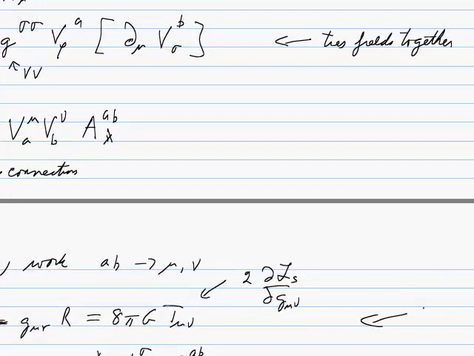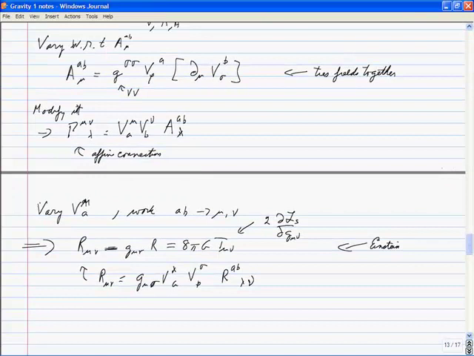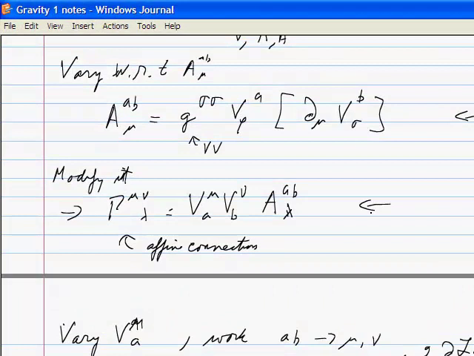Okay, so there's the Einstein equation. So, interesting little construction, all of it gauging the Lorentz transformations, the affine connection that arose from the spin connection.